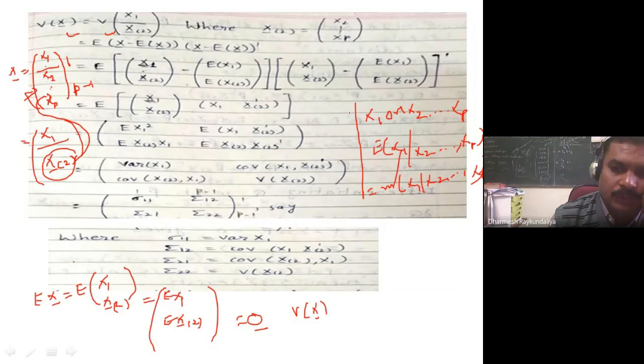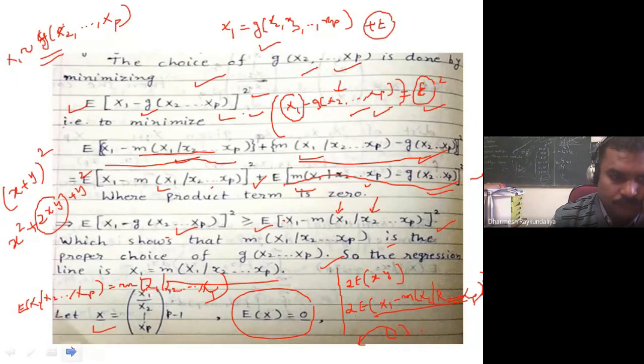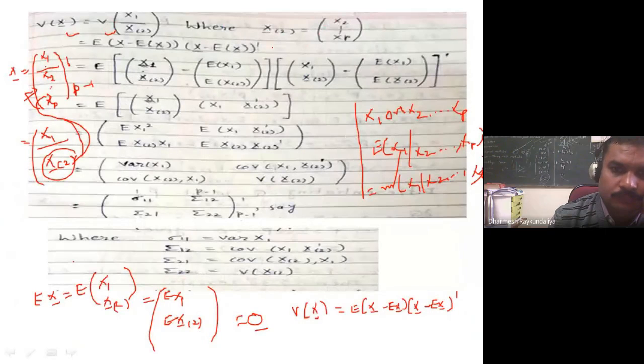We know that variance of x is, remember the property, the expectation of x minus expectation of x into x minus expectation of x transpose. So we have used the same thing here. Now what is x? X is nothing but x1, x2. Expectation of x is nothing but expectation of x1, x2.